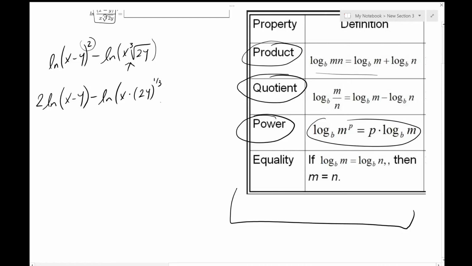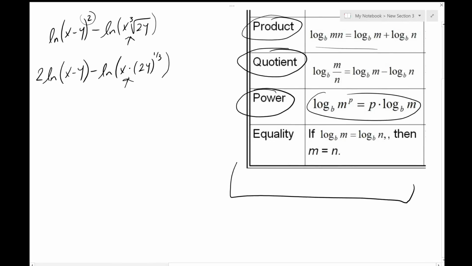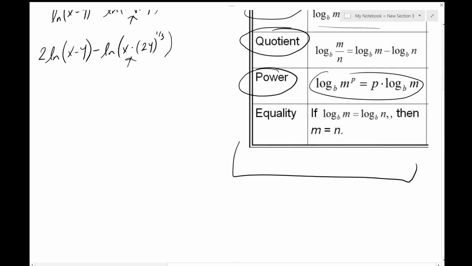So this is a product, so I can break that apart even further there, and I can get 2 times the natural log of x minus y minus the natural log of x plus the natural log of 2y to the 1/3.